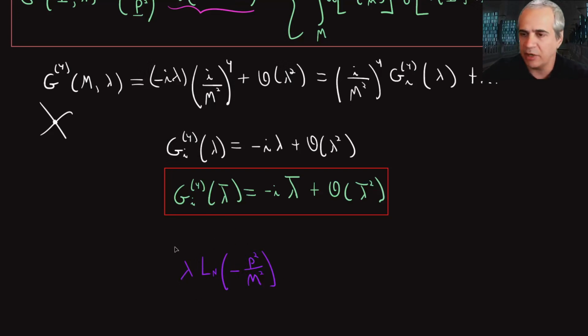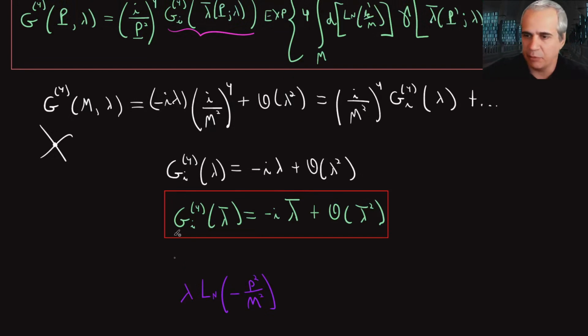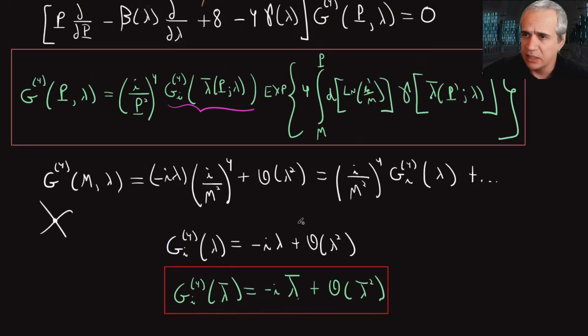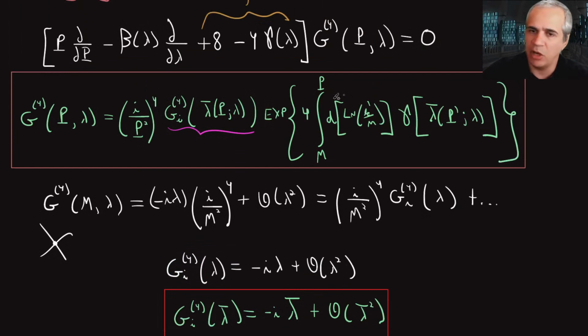Now, the Callan-Symanzik equation has reorganized these, in the way that now, you see, my Green function is directly proportional to some lambda bar, which changes as I change the scale, and to some exponential, which is also multiplying this coupling.